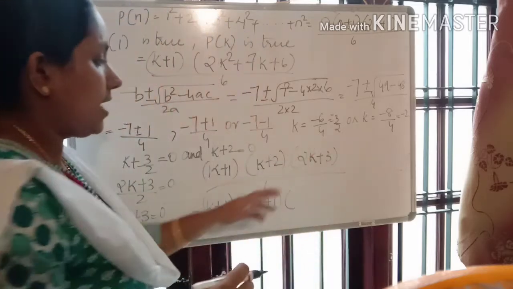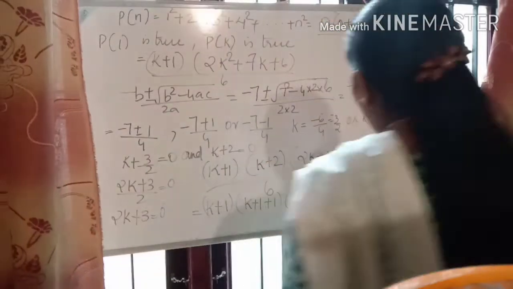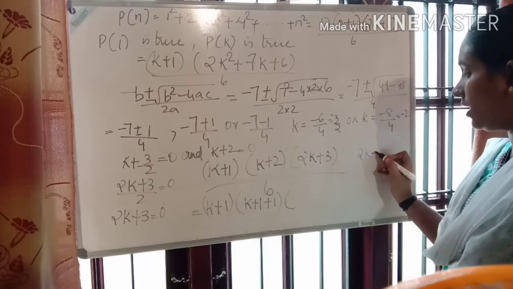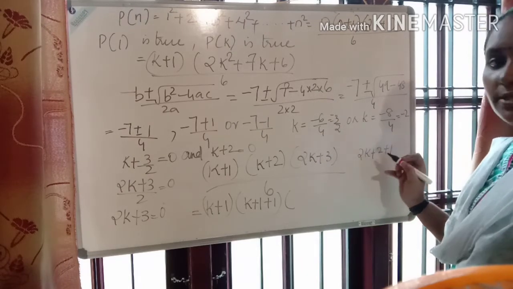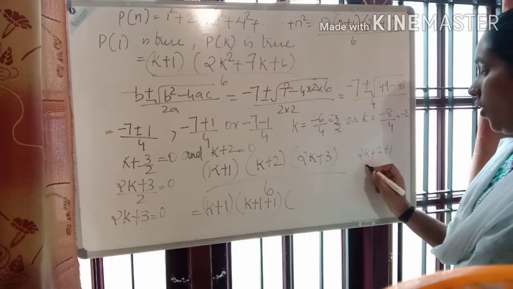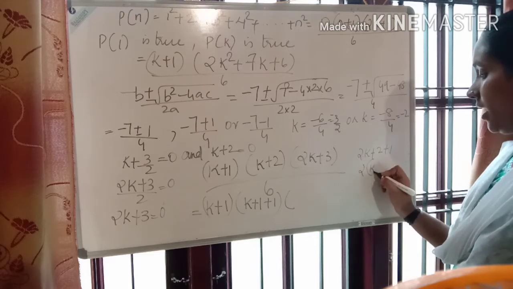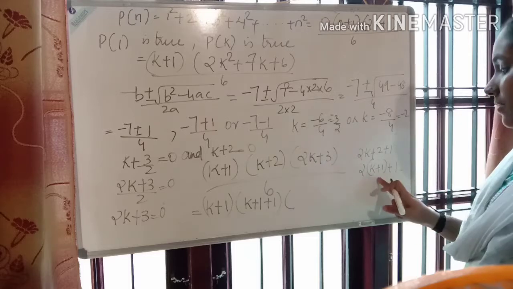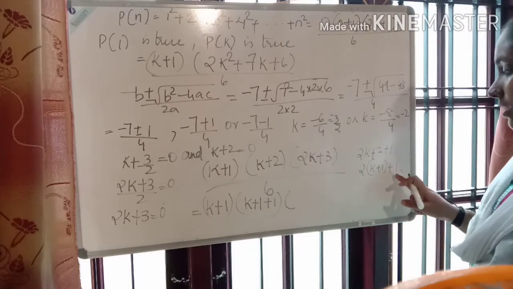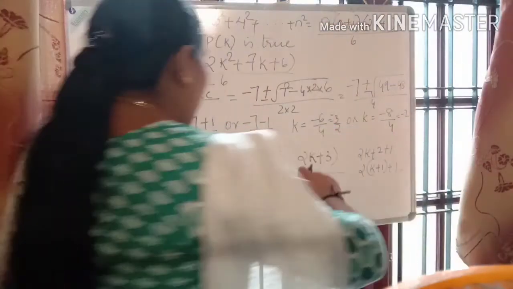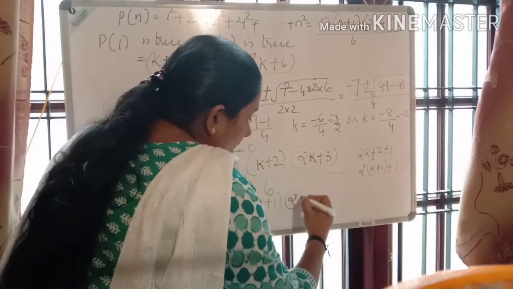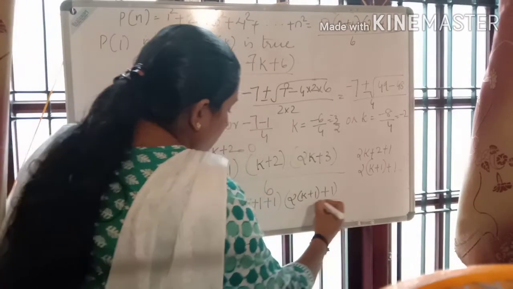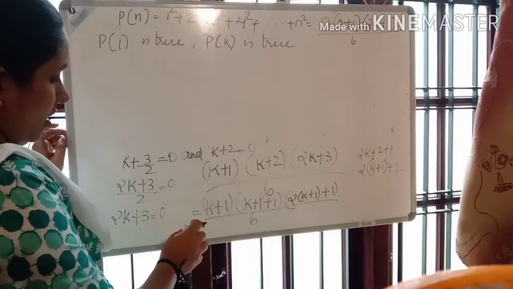Here we can write it as 2K plus 3. That means here we can write this term as 2K plus 2 plus 1, right? So 2 is common over here. So we can write K plus 1 plus 1. So this term can be written as 2 into K plus 1 plus 1. So instead of 2K plus 3, we can write it as 2 into K plus 1 plus 1, right? Divided by 6.